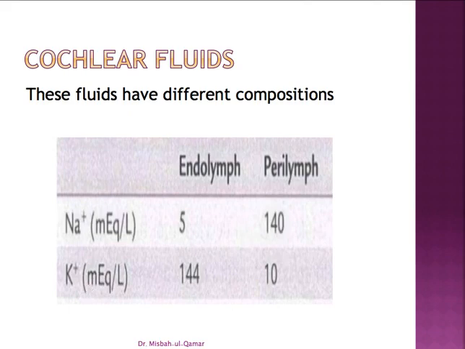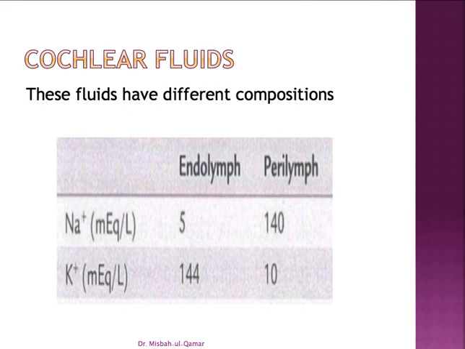While the scala media is filled with the endolymph. Now endolymph contains a high concentration of potassium, and it has a low concentration of sodium. Why does it have a high concentration of potassium? It is due to the continuous secretion of potassium ions by the stria vascularis into the scala media.